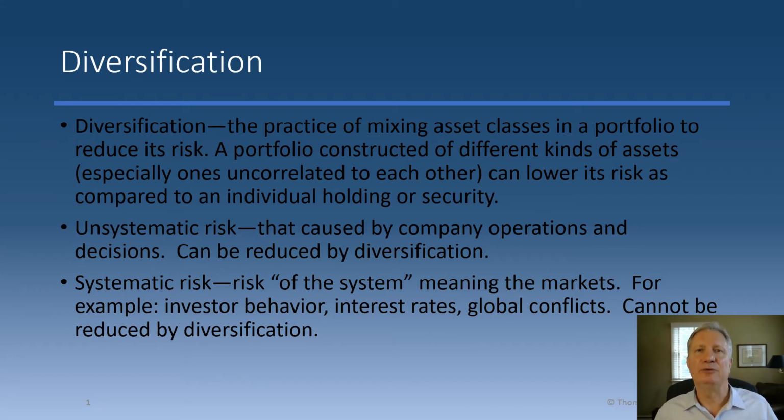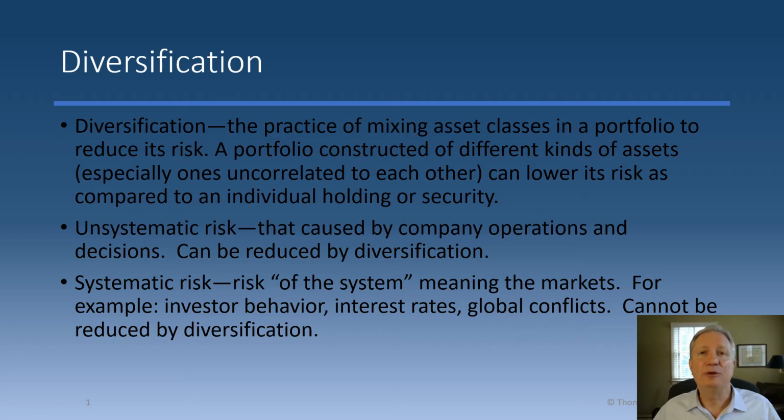Systematic risk is the risk of the system. It's the risk that investors globally will be nervous and make bad decisions, sell their stocks, depressing prices. Interest rates, up or down, will affect securities. Global conflicts and instability impact the prices of securities.